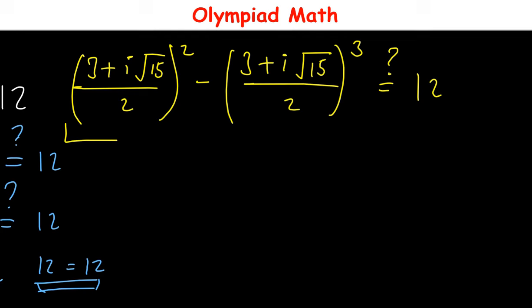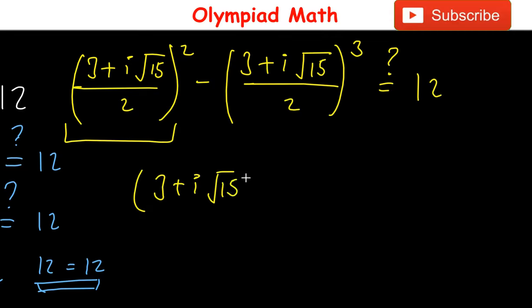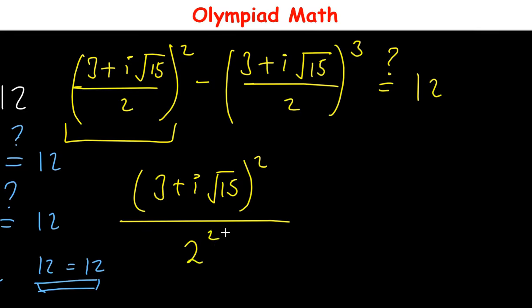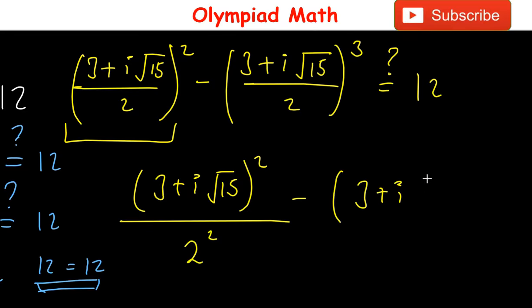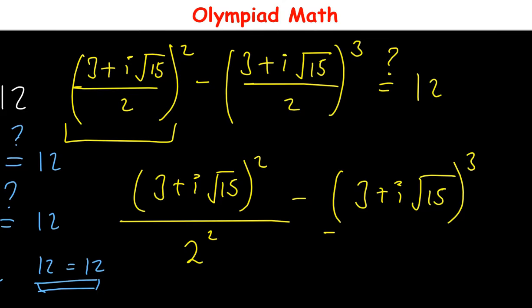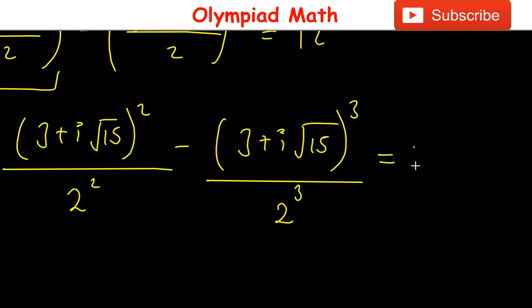Next, we can express all of this as in bracket 3 plus i times square root of 15 all raised to power 2 divided by 2 raised to power 2 minus in bracket 3 plus i times square root of 15 all raised to power 3 divided by 2 raised to power 3 with this equal 12 question mark.